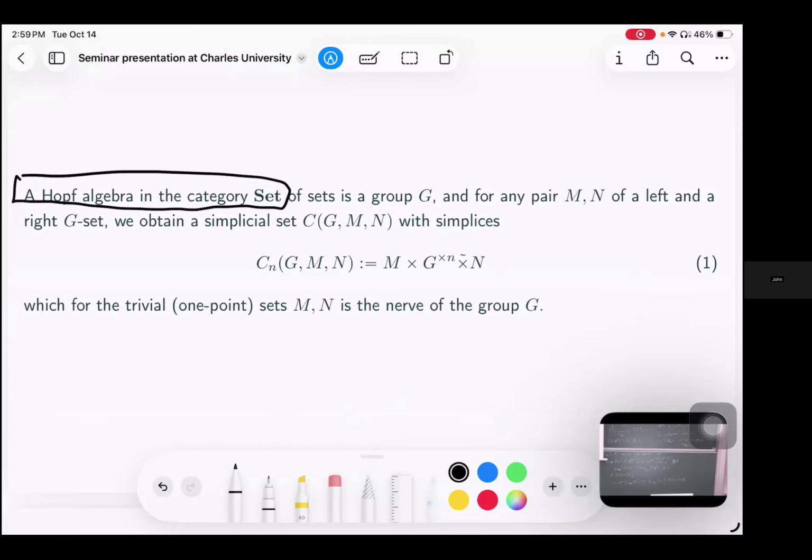So in case we want to do that, we just have to linearize. With the sets, you linearize that to get vector spaces, and then you look at the group G as a Hopf algebra.